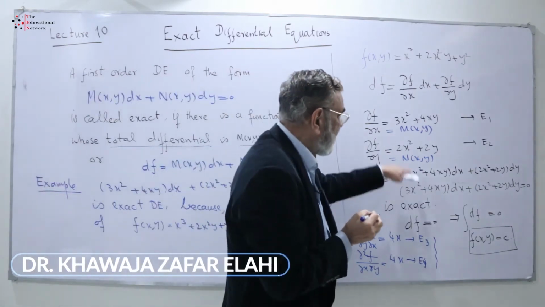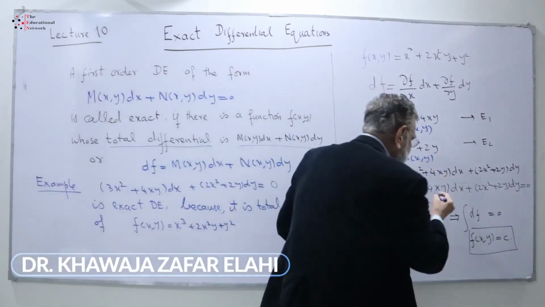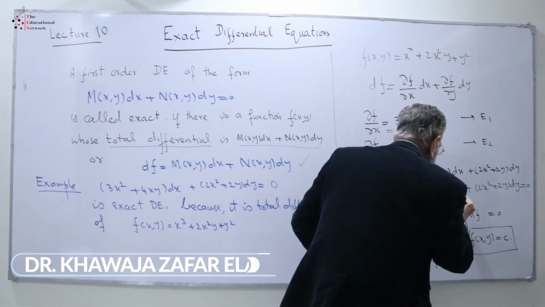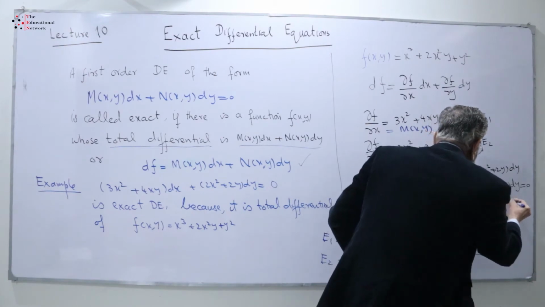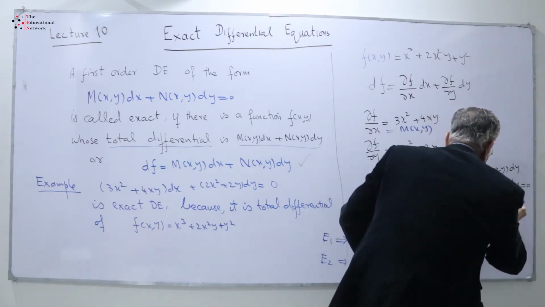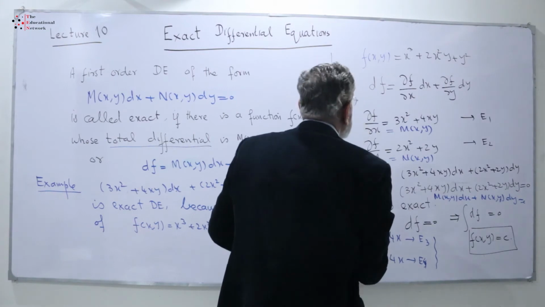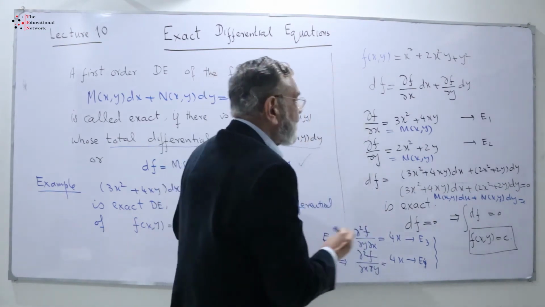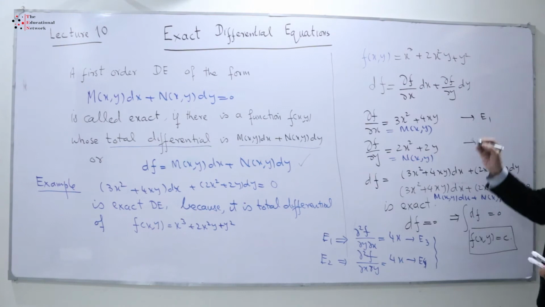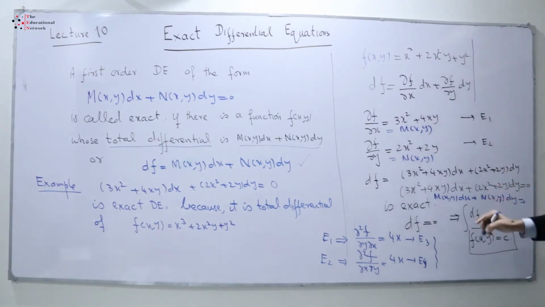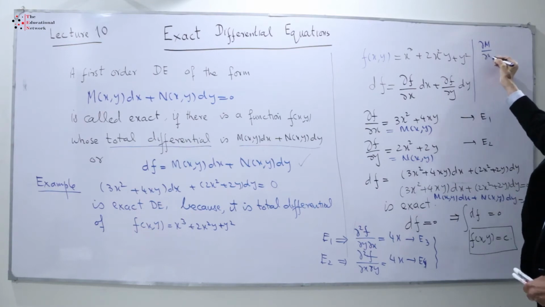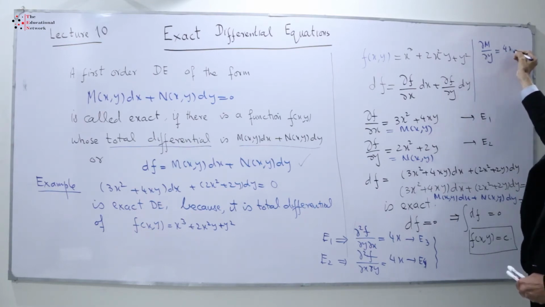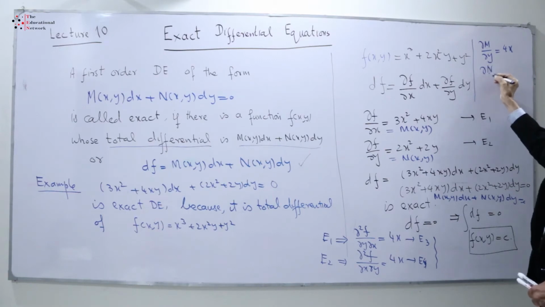This is my M(x,y) dx, and here is M(x,y) dx plus N(x,y) dy equal to 0. So this is my M. Here, partial M by partial y is equal to 4x, and partial N by partial x is equal to 4x.